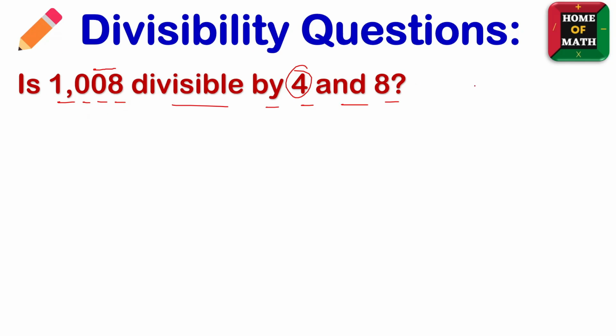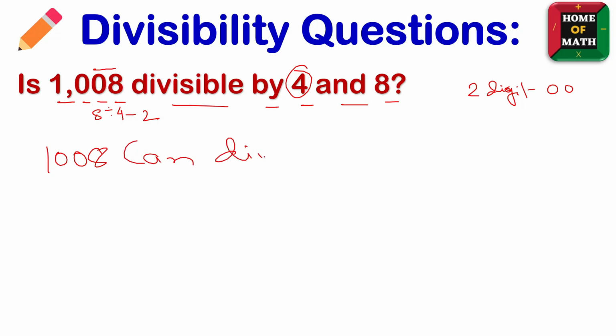Also, if the last 2 digits are 0 0, then that number is also divisible by 4. So look, here is 0 8. 0 8 we can divide by 4, right? So 1008 is divisible by 4. What about 8?